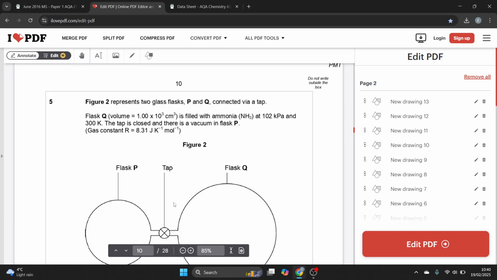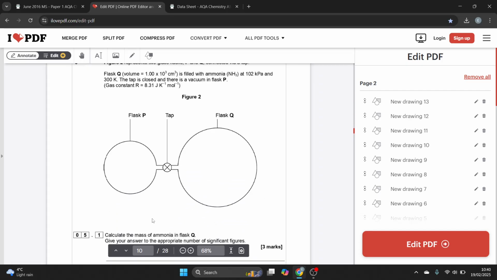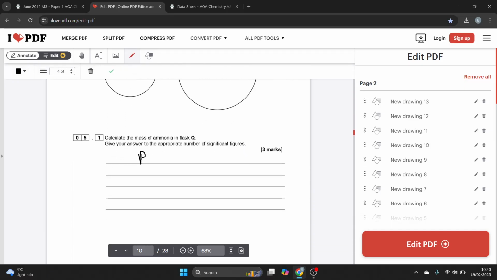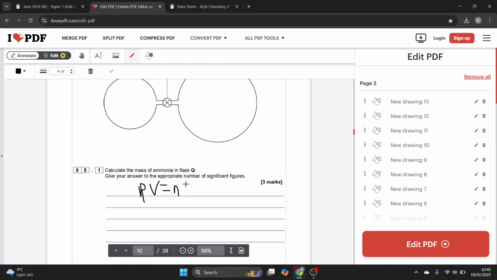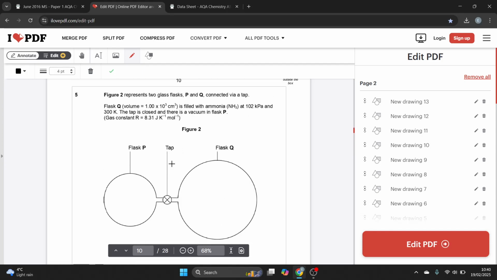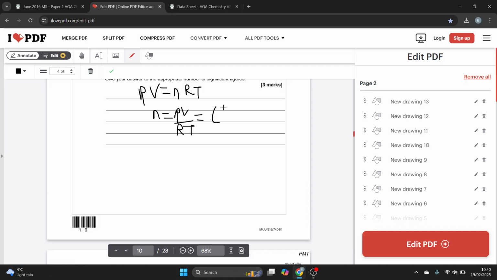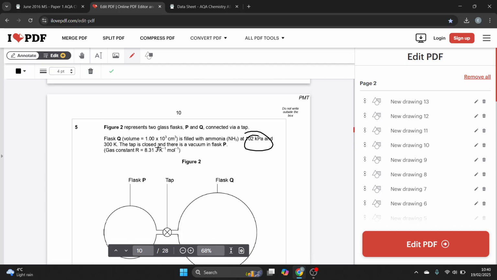Question 5. Calculate the mass of ammonia in flask Q. So I'm going to be using PV equals nRT. n equals PV divided by RT, which is going to be pressure in pascals divided by the volume in meters cubed, and the volume of flask Q is that.